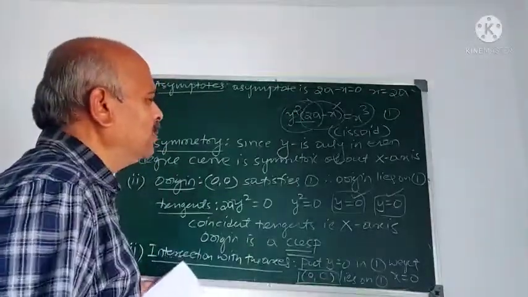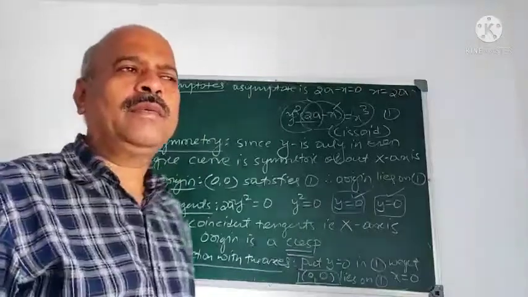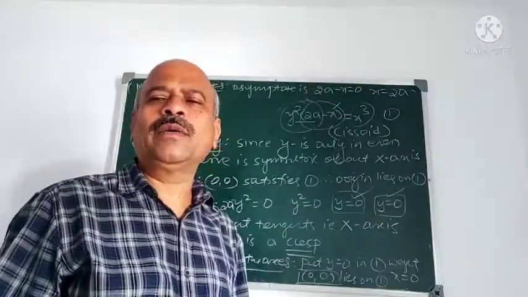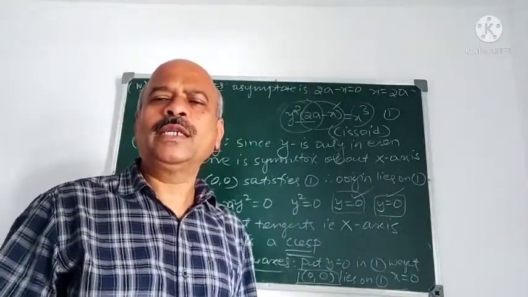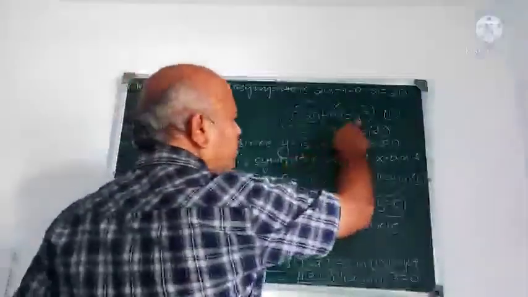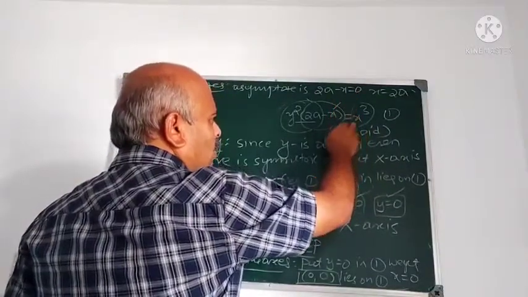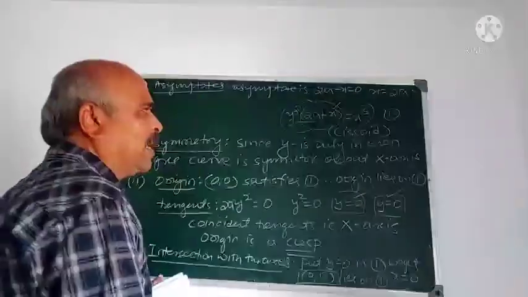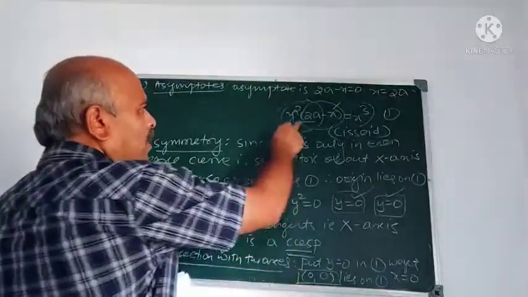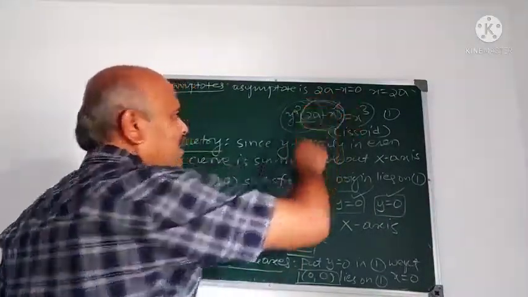Now, what is the asymptote? How do you find it? By equating the coefficients of the highest degree term in x to 0 and the highest degree term in y to 0, we will get the asymptote. But in this equation, the highest degree term in x is x cube and the coefficient is constant, therefore there is no asymptote parallel to the x axis. But the highest degree term in y is y square, its coefficient is 2a minus x.